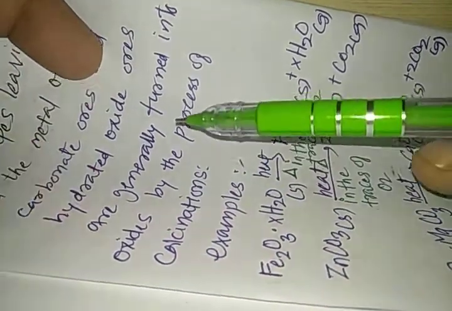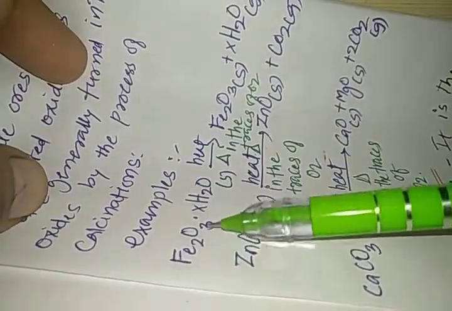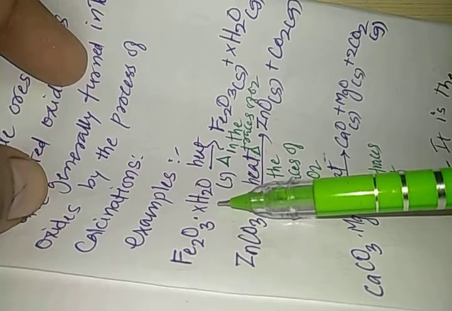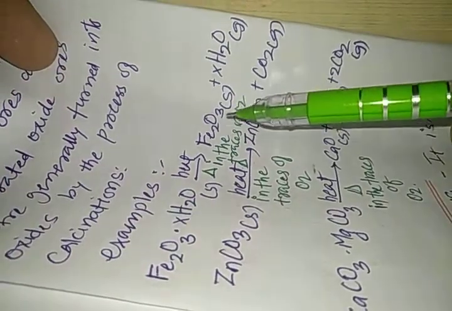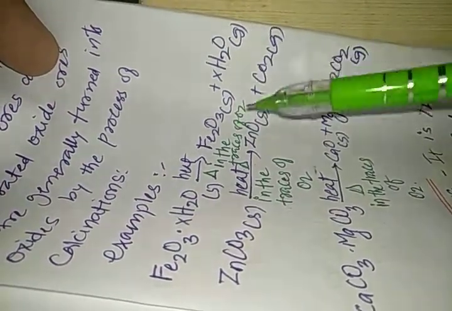You can understand this statement well with the example. You can see Fe2O3·xH2O, which is hydrated iron oxide. When we heat it in the traces of oxygen, we get Fe2O3 and water vapor goes out as a gas.